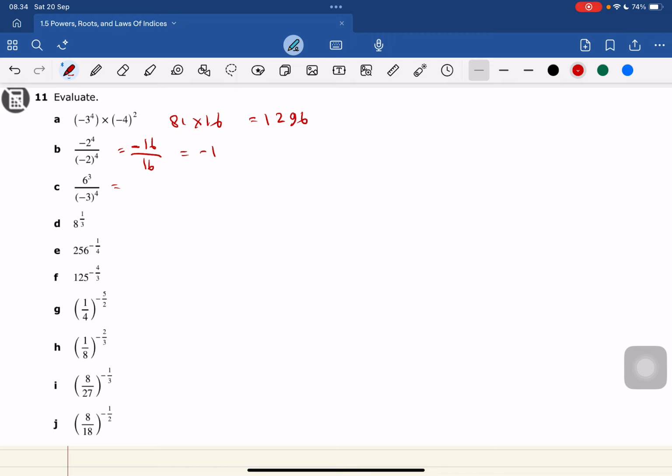Next, 6 to the power of 3. This is 216. Next, we got 3 to the power of minus 3, to the power of 4, is going to be 81. So just do 216 divided by 81.